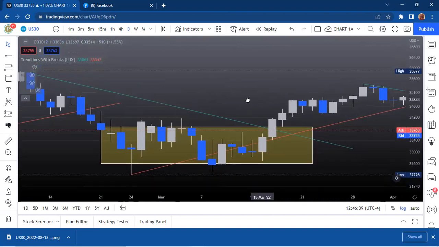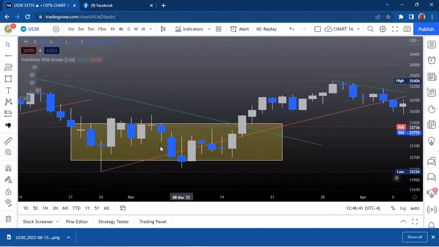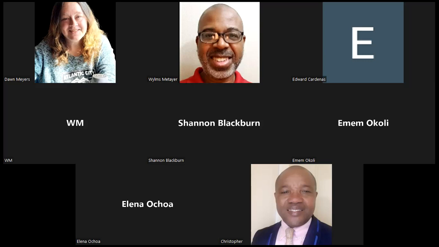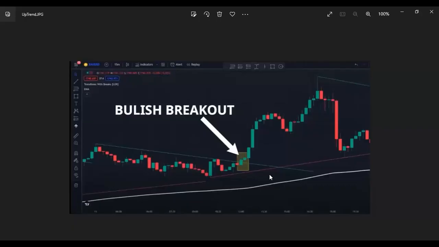Okay. So I'm going to show you. Let me stop sharing this. It's like a pattern. Here it is. Okay, this was the bullish breakout. Remember the green line?